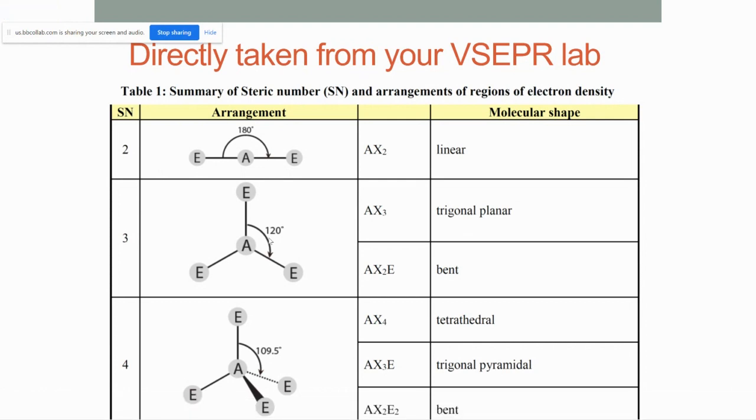Now there are some exceptions when you have a lone pair, and we're going to talk about that when I solve some of these problems on Friday, as to what happens if you have a lone pair in AX2E. Is the angle always 120 degrees or not? I'm going to talk about that in class on Friday. And finally, the molecule which has a steric number of 4, their bond angle is 109.5. Right, we can go on.